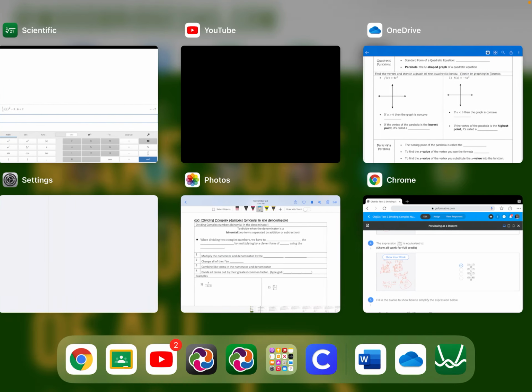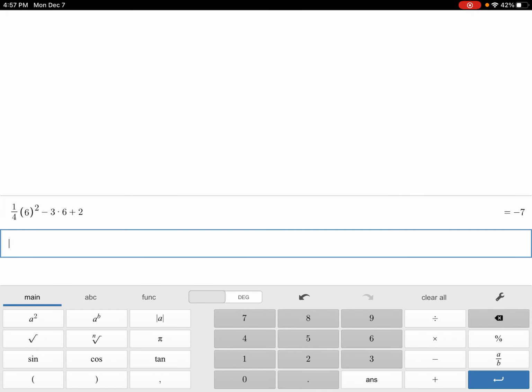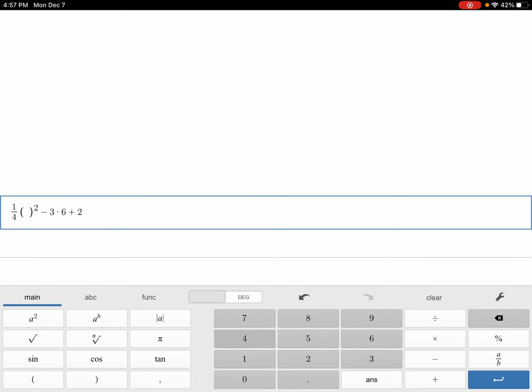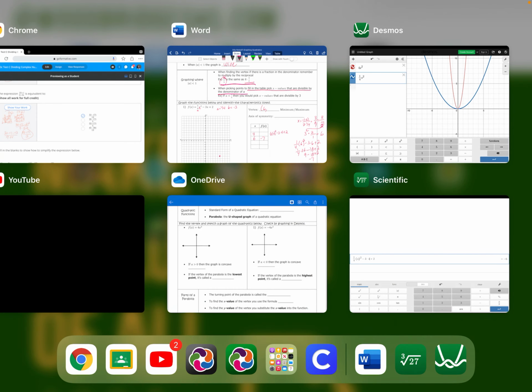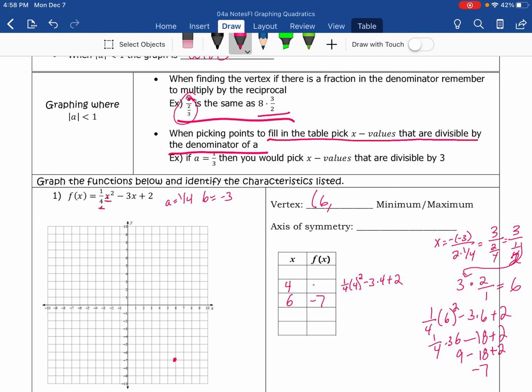And you can just use your Desmos scientific calculator. Right here I happen to have it. So we have 1/4 and we're going to put 4 in, and you can just put the equation in and change the values. So when I put in 1/4 times 4 squared minus 3 times 4 plus 2, I end up with -6.